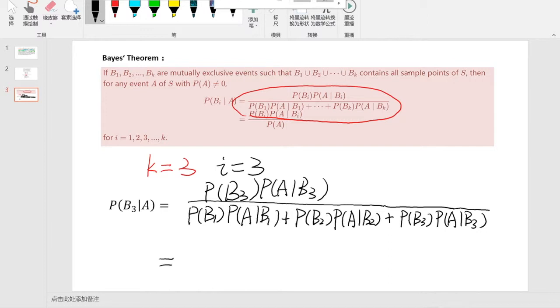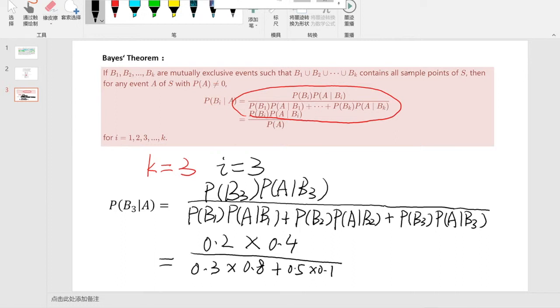Okay, I will calculate it. First, the probability for event B3 is 0.2 times the probability for event A given event B3, 0.4, divided by probability for event B1, 0.3 times probability for event A given event B1, 0.8, plus probability for event B2, 0.5 times probability for event A given event B2, 0.1, plus the probability for event B3, 0.2 times probability for event A given event B3, 0.4.